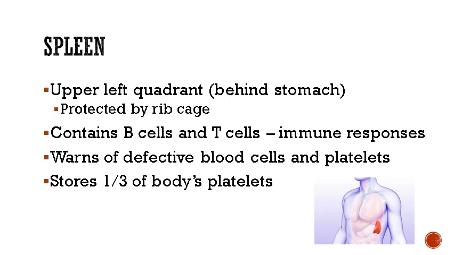The spleen is located in the upper left quadrant, kind of behind the stomach, that you're going to notice on this illustration. It's protected by the rib cage. The spleen is not a vital organ, but if it is removed, individuals can be more prone to bacterial infections such as pneumonia or meningitis.